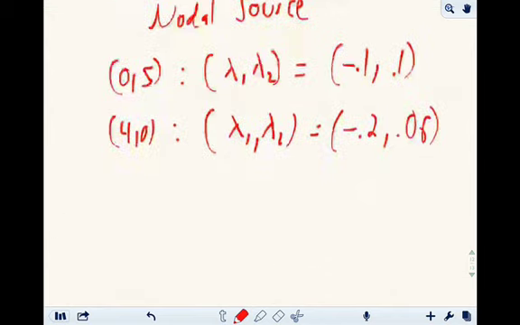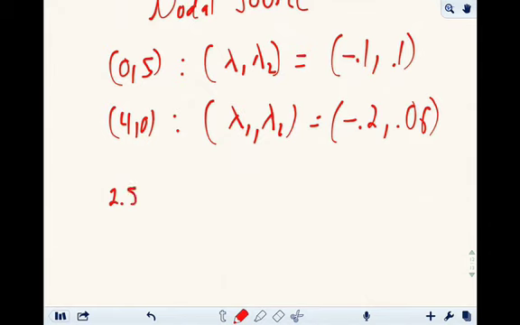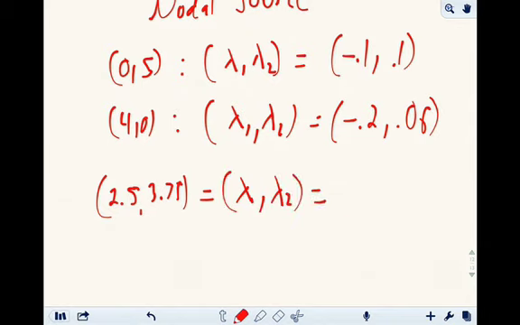And at the interior point 2.5, 3.75, we have lambda 1, lambda 2 equals minus 0.05, minus 0.15, both negative.